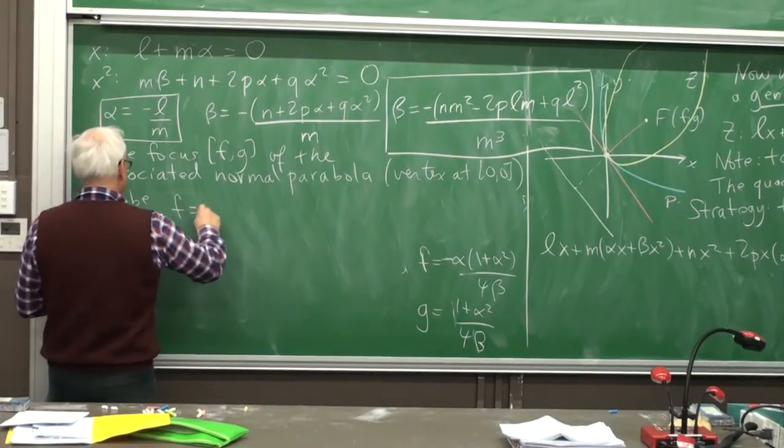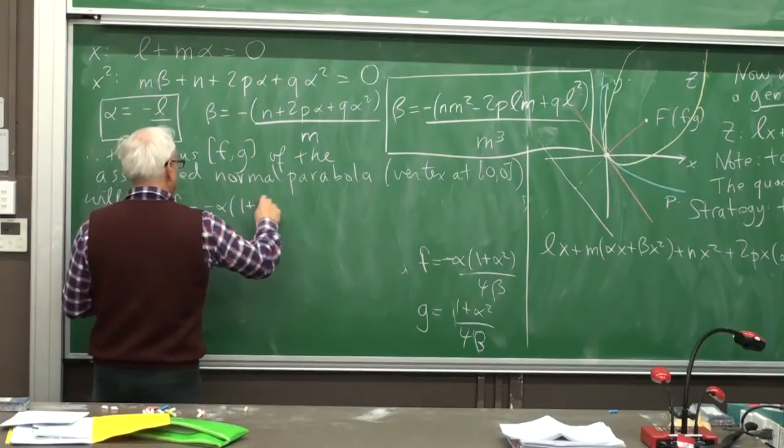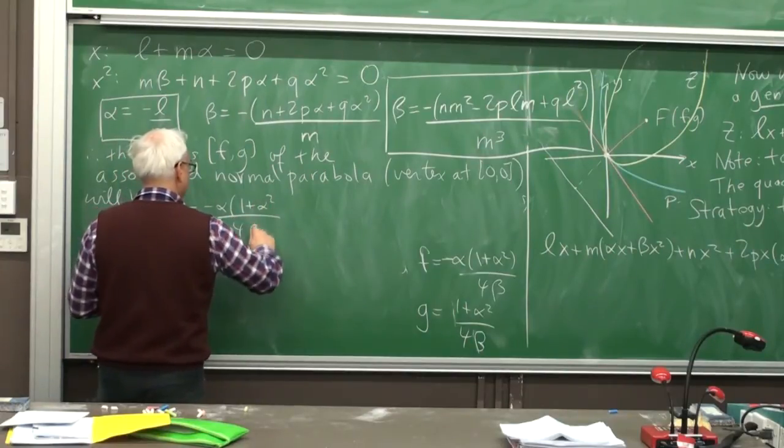So f will be minus alpha over 1 plus alpha squared on 4 beta.